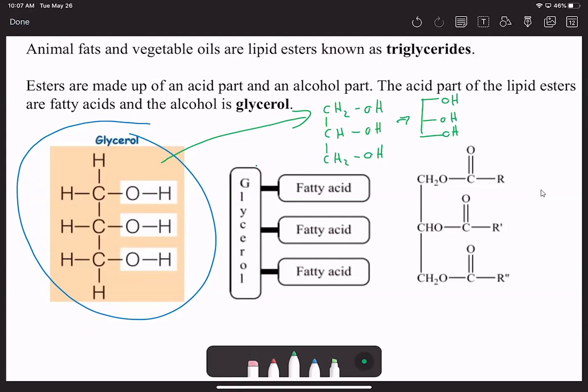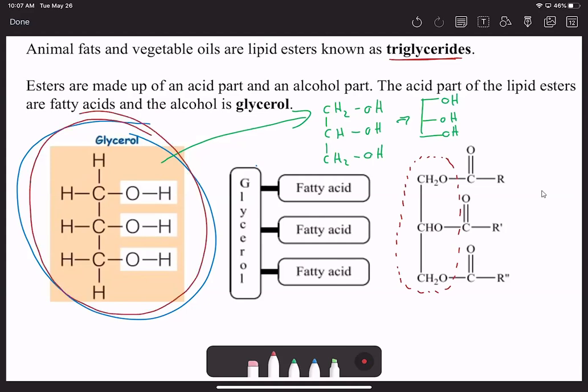So here we recognize this portion here, because we're going to be making something that we call a triglyceride. Triglycerides involve glycerol, plus they involve some fatty acid, right?